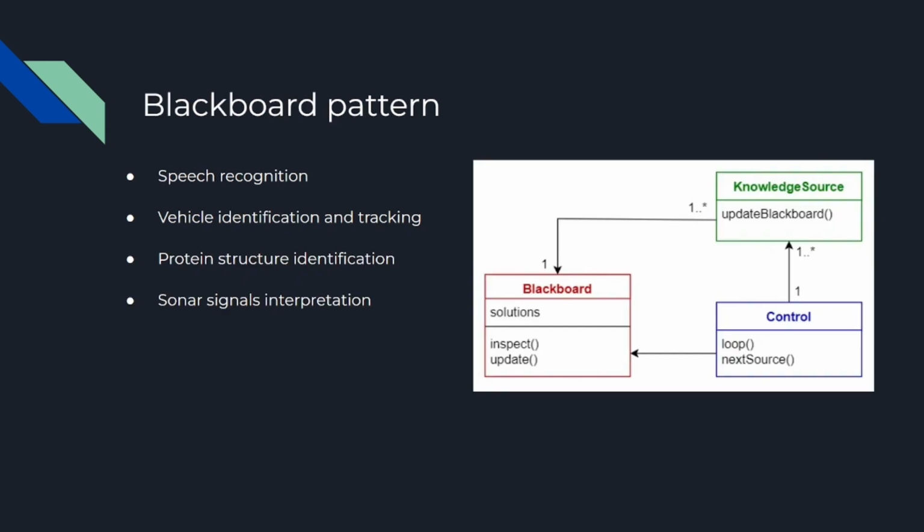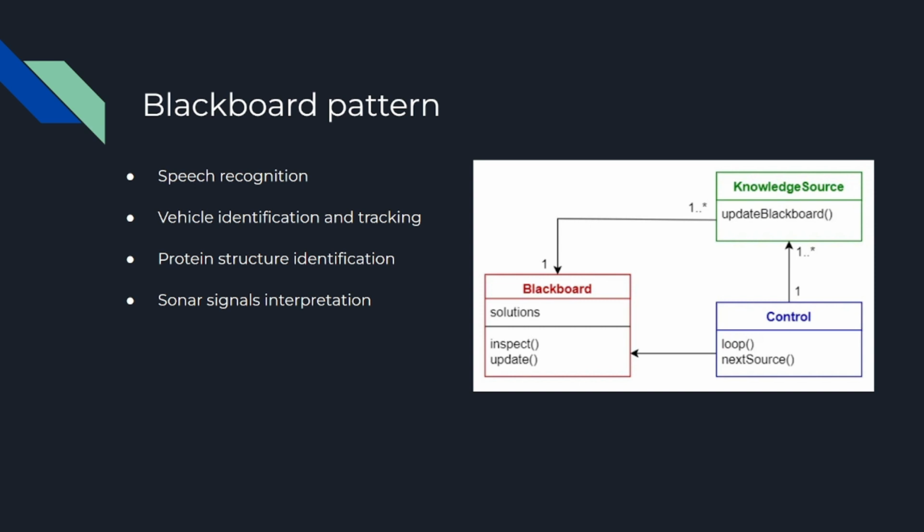Okay, number 9 is Blackboard pattern. This pattern is useful for problems for which no deterministic solution strategies are known. The Blackboard pattern consists of 3 main components. Number 1, blackboard, a structured global memory containing objects from the solution space. Number 2, knowledge source, specialized modules with their own representation. Number 3, control component, selects, configures, and executes modules.